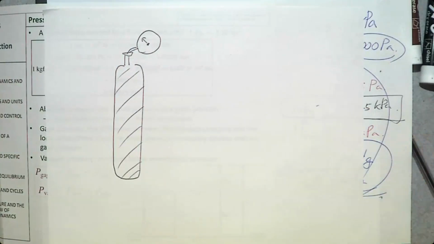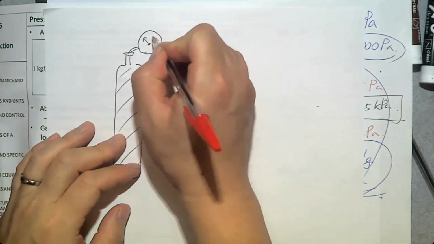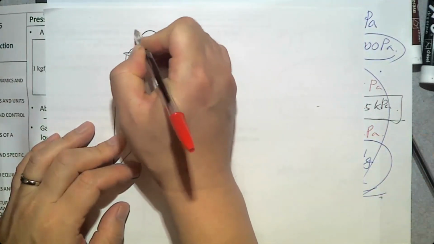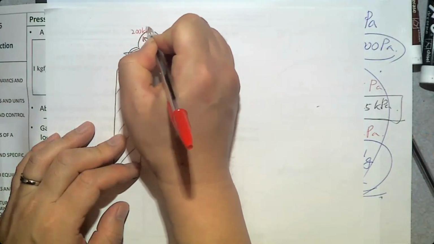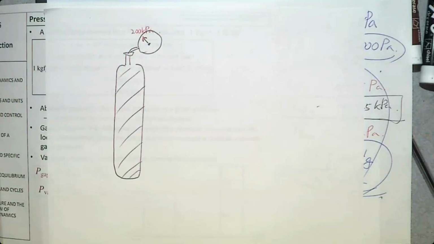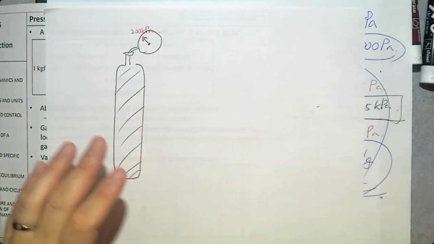Let's say it is pointing at 200 kilopascal. So what is the pressure inside the gas tank? You can say 200 kilopascal. That is incorrect. Why is that? Because that pressure measuring device can only measure the difference in pressure between the chamber and the surrounding. What is the surrounding in this case? The atmosphere.